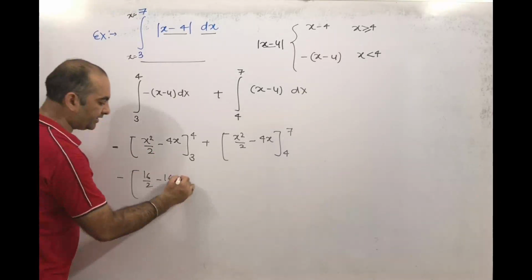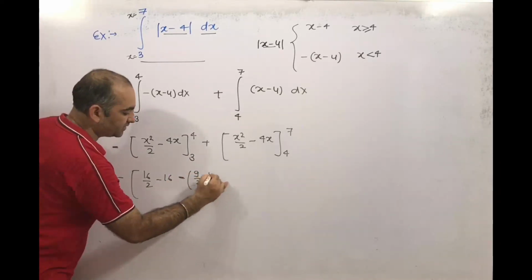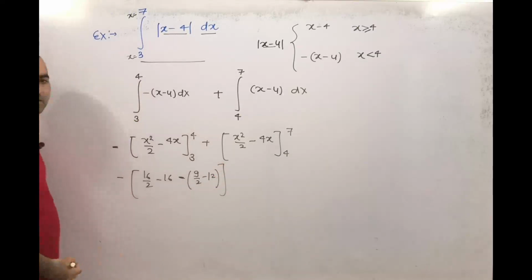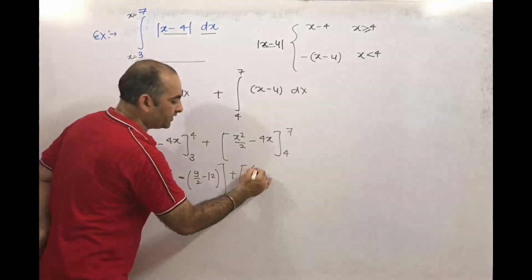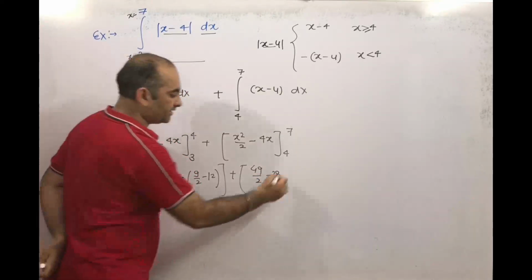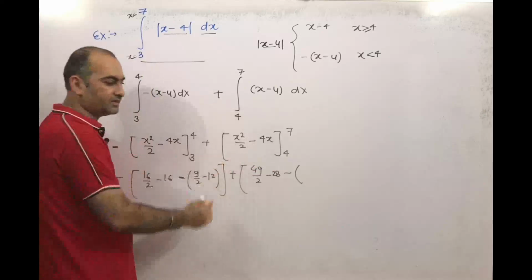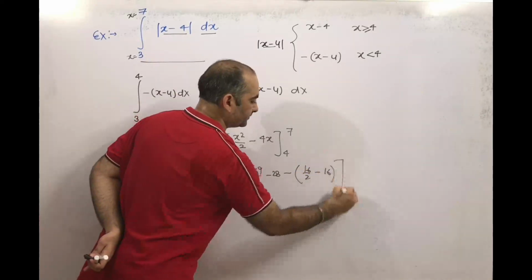Now if I put 3, what will come? 9 by 2 minus 12. Plus, now if I put 7, what will come? 49 divided by 2 minus 28, minus, if I put 4, 16 divided by 2 minus 16.